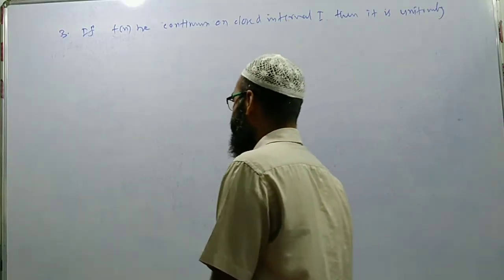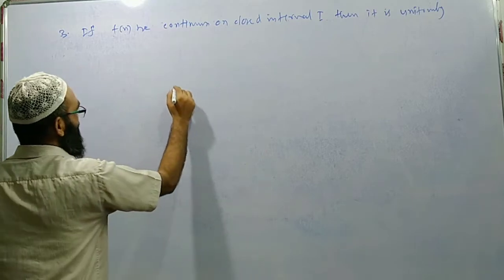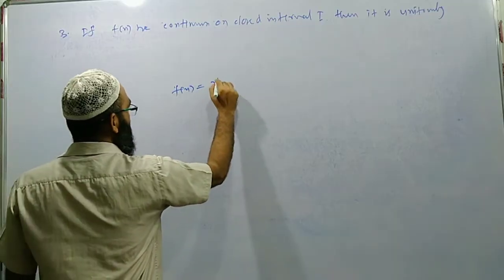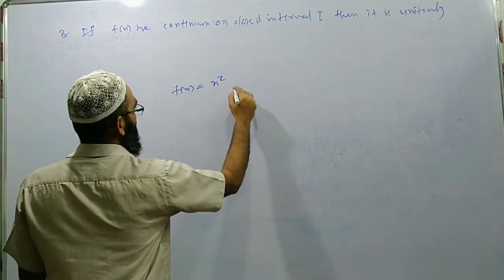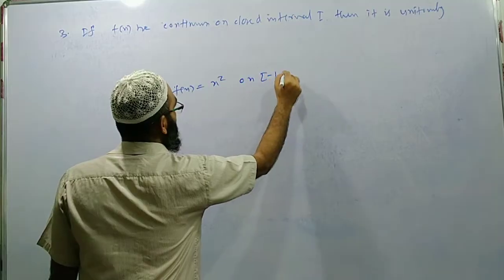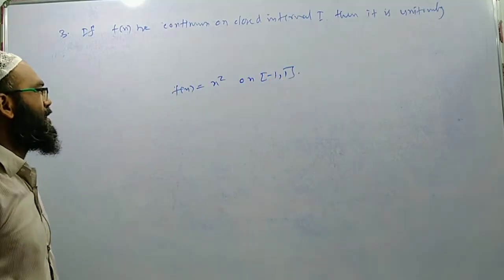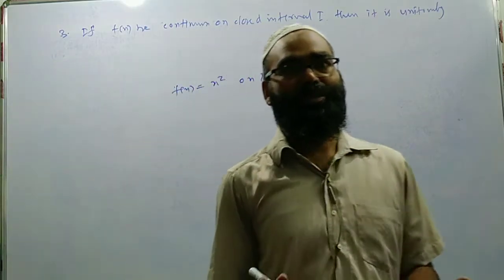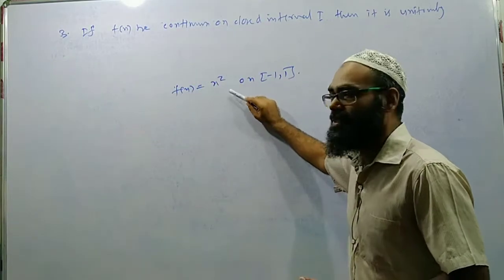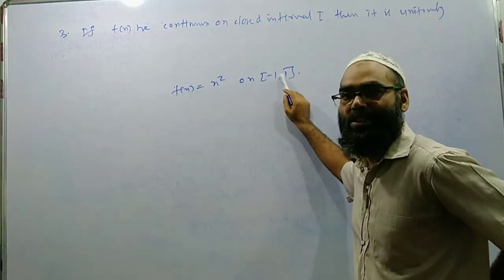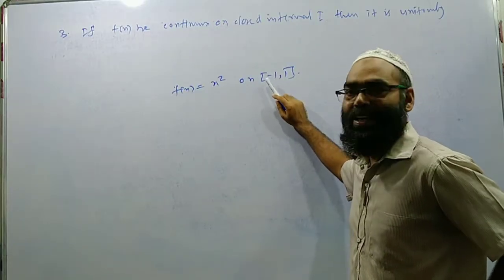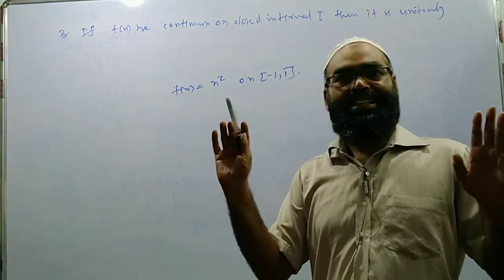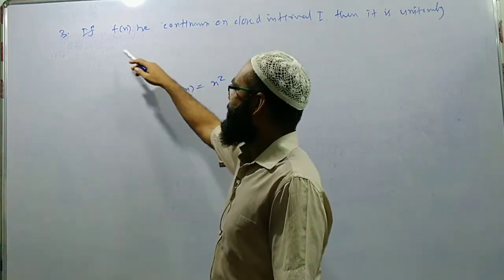So if the function f(x) is such that f(x) equal to x square on [-1, 1], in today's first problem, we have proved that this function is uniformly continuous on the interval [-1, 1], and we proved this by applying the definition, but it can be easily concluded using result 3.